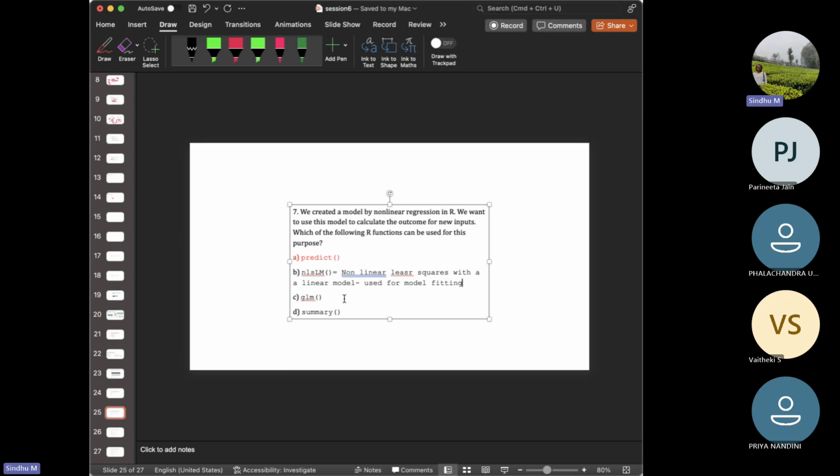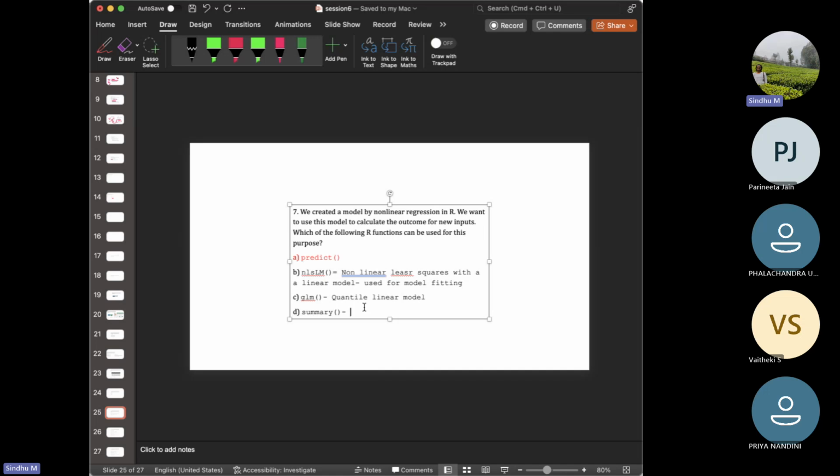And the next option, QLM, stands for quantile linear model. Sorry, I messed up. This is another type of model used for estimating the quantiles. And summary, I hope all of you know, we have used it many times in the previous week's coding sessions.